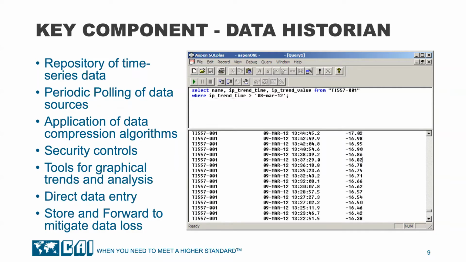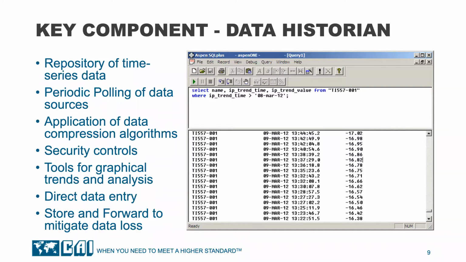Most data historians come with a number of tools. What percentage of Excel functions does the average user use? Most companies that have data historians are only taking advantage of a fraction of its capabilities. Data historians come with tools to graphically trend data, provide reports on data, and some have direct data entry tools.